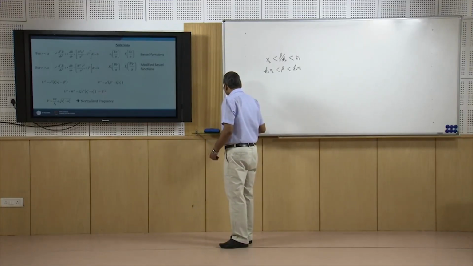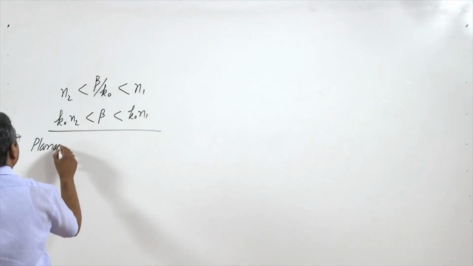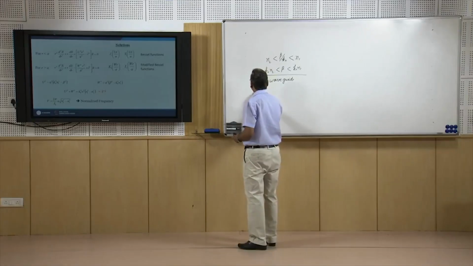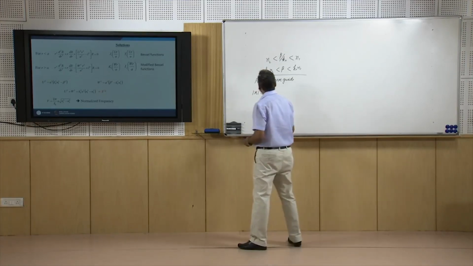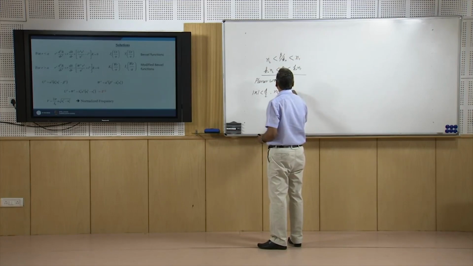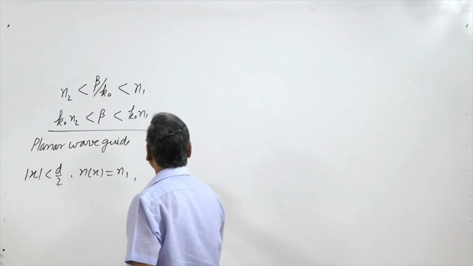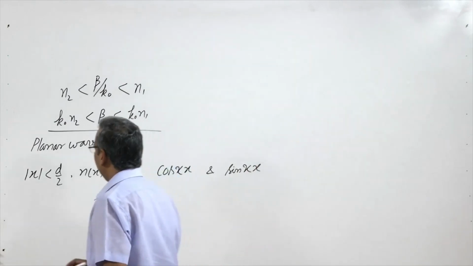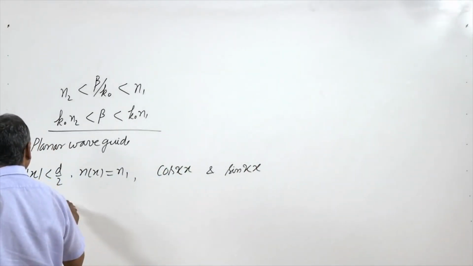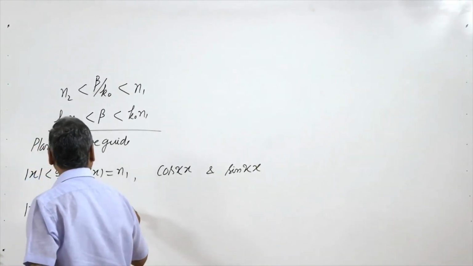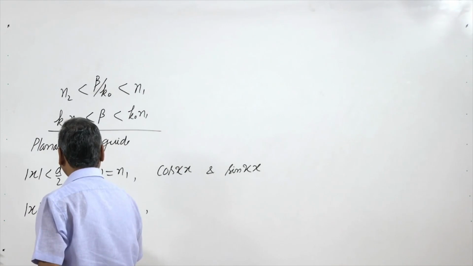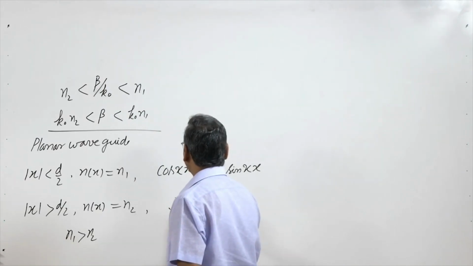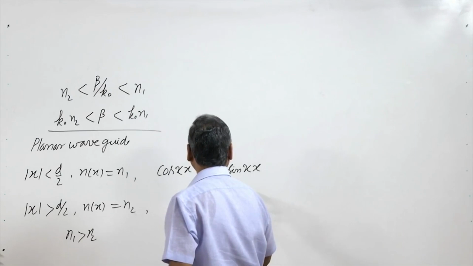Okay, so if you go back to your planar waveguides, in the region mod x less than d by 2, where n of x was n1, I had the solutions cosine kappa x and sine kappa x, and in the region mod x greater than d by 2, where n of x was n2, and of course n1 was greater than n2, I had solutions in the form e to the power minus gamma x and e to the power plus gamma x.